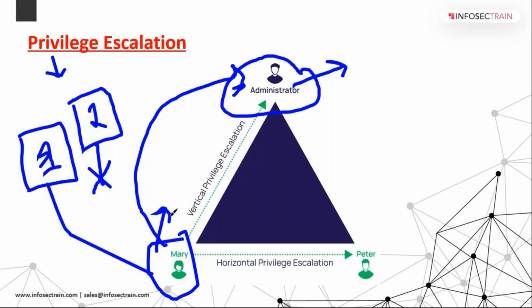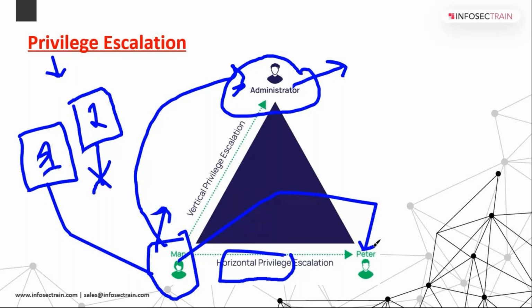Then comes another kind of escalation called horizontal privilege escalation. In horizontal privilege escalation, Mary is trying to hack into her colleague's system, Peter's, and she is trying her best to hack into Peter's system. That is called horizontal privilege escalation.